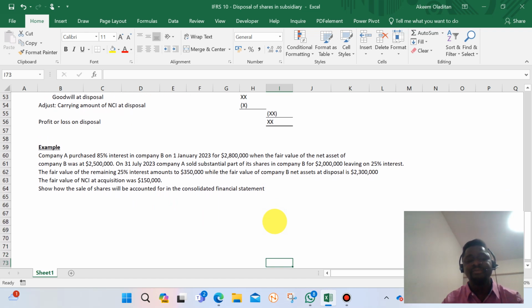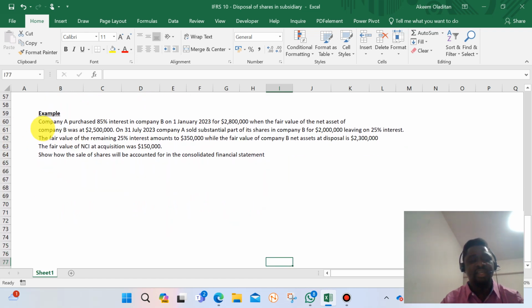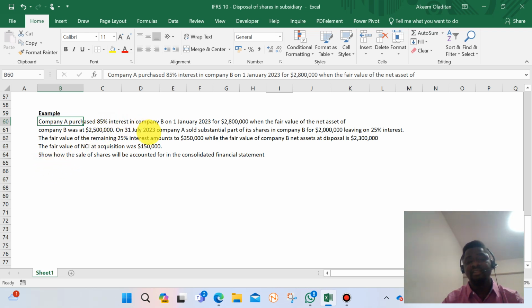So let's look at the scenario, the question I have here. Company A purchased 85% interest in Company B on January 1, 2023 for $2,800,000, when the fair value of the net asset of the company was $2,500,000.